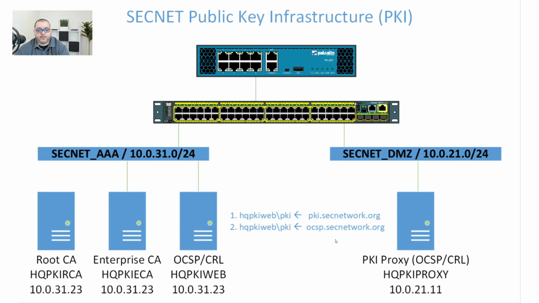So when clients check into PKI.secnetwork.org, it'll hit the proxy and then go through and hit the OCSP and CRL web server.